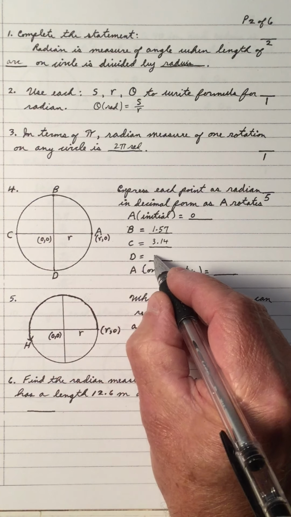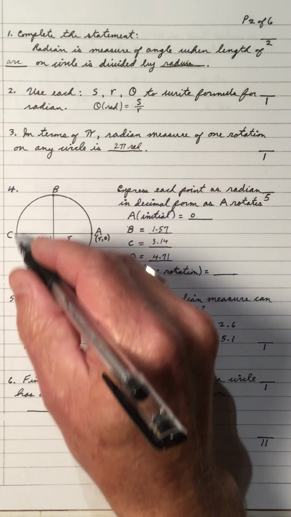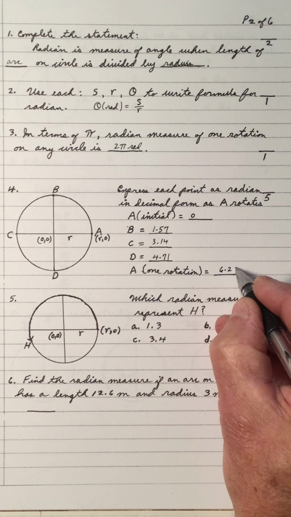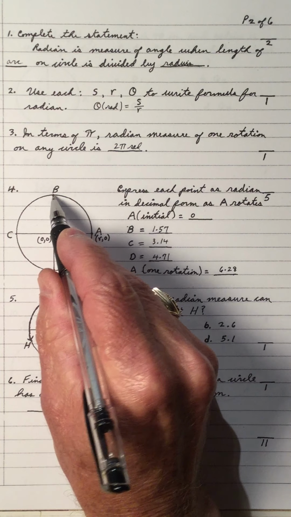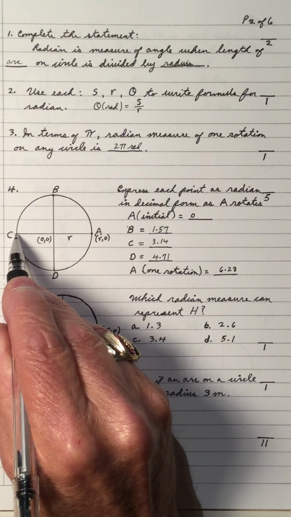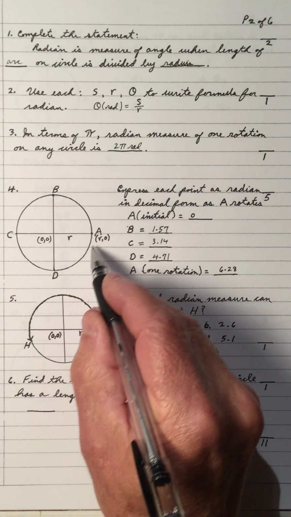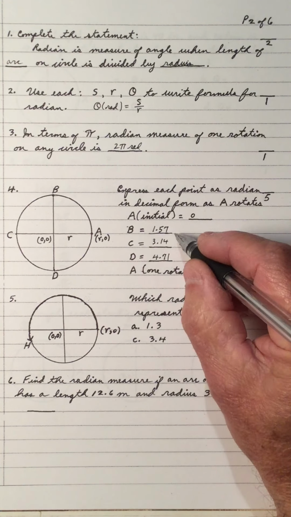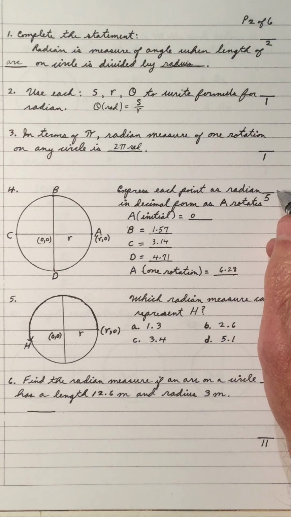D is 4.71. And all the way around is 2 pi, which is 6.28. Notice this is 90 degrees. This is pi over 2, which is 1.57. This is pi, which is 3.14. This is 3 pi over 2, which is 4.71. And this is 2 pi all the way around, 6.28. 5 marks if you have each of these right, or if you have some of them right, give yourself part marks.